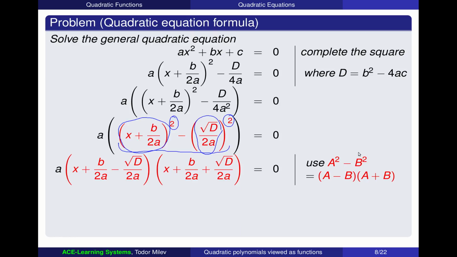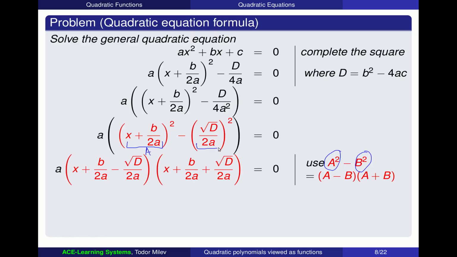But how does that help? Well, let's see. We know that if I have a difference of two squares, I can factor that. How? Well, if I have a squared minus b squared, that's exactly what I'm having here. This expression here, I can call it a, and the whole thing becomes a squared.